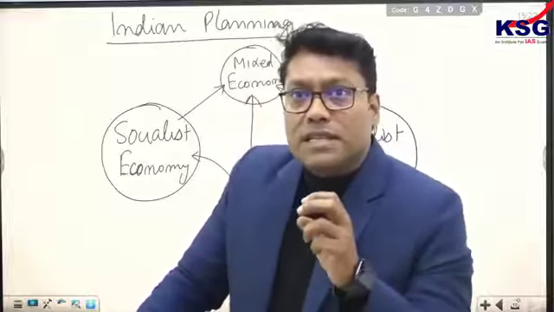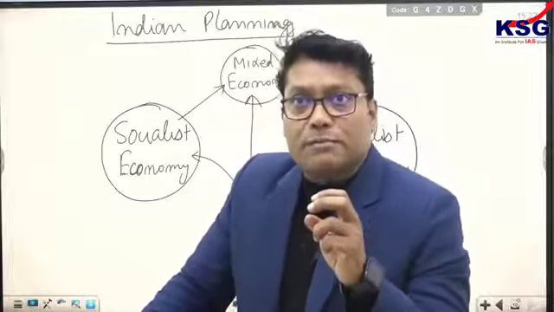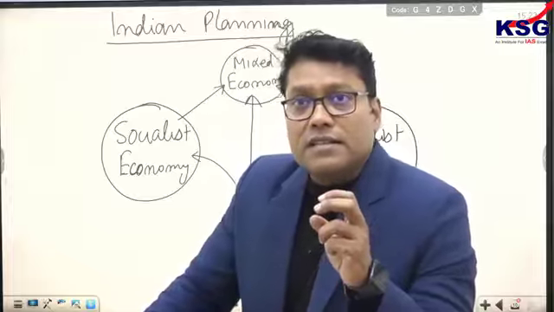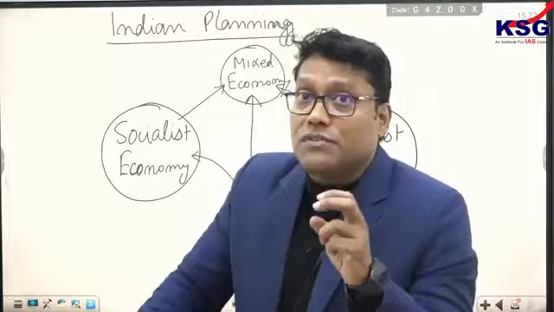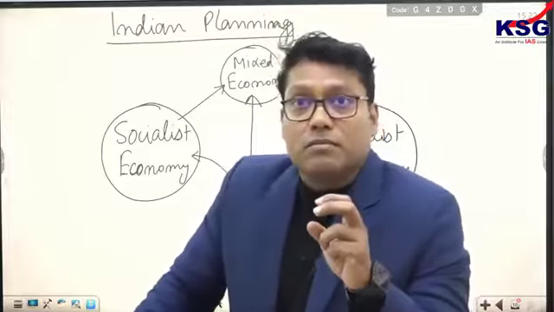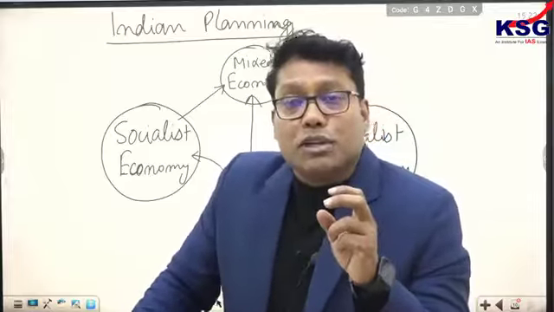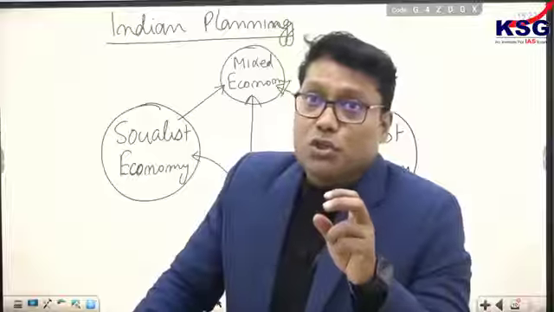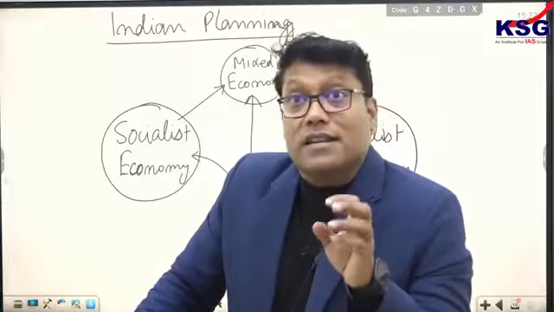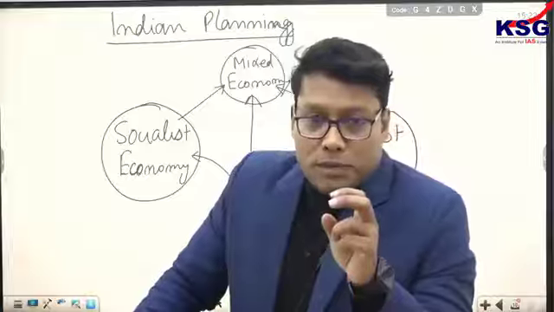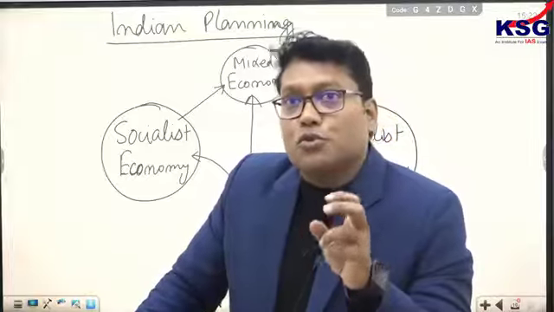So you are choosing, on the basis of priority, the different sectors, and ultimately the target is to develop all the sectors and achieve higher economic growth and development. Clear? But due to the constraint of resources, it is not possible for a particular country to develop all the sectors at the same time. So on the basis of priority, you have to choose the sector.